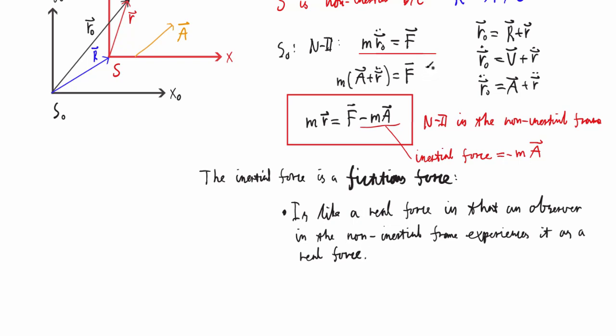So a good example of that is if you sit in a car, for instance, and the car is going through a curve. As the car is turning, let's say to the left, let's just illustrate this here.